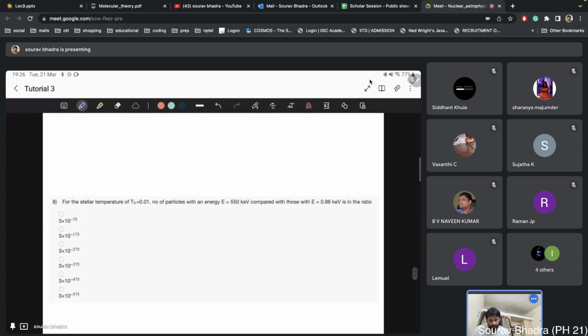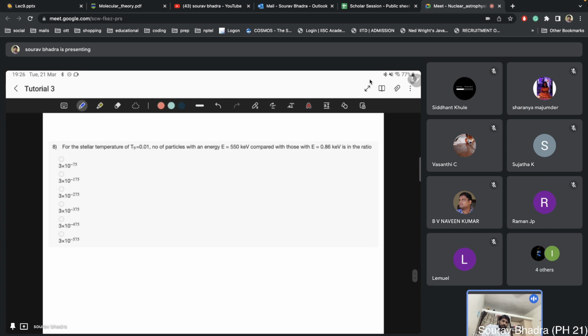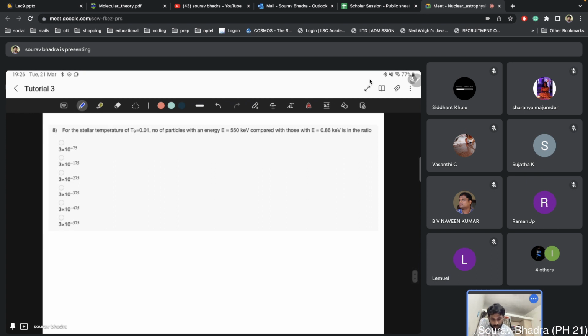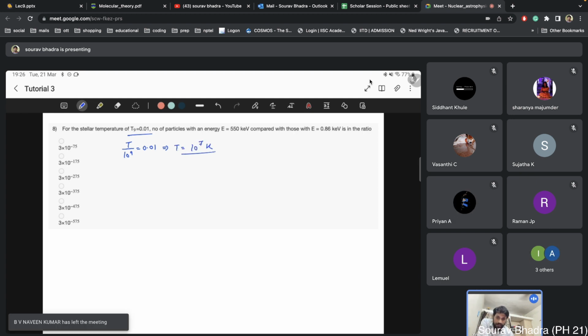Yeah, now this is the important thing, mainly for the third week course. For the stellar temperature T9, again you see T by 10 to the power 9 is 0.01, that means your T is 10 to the power 7 K. So the temperature is given, the energy is given.